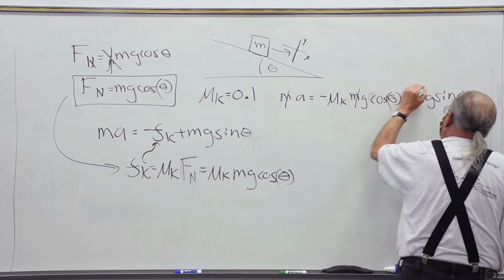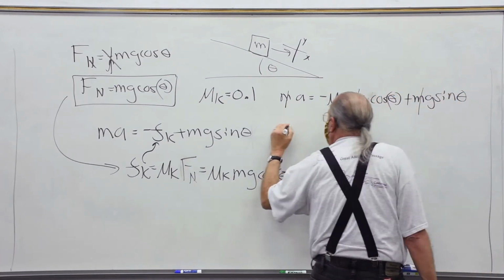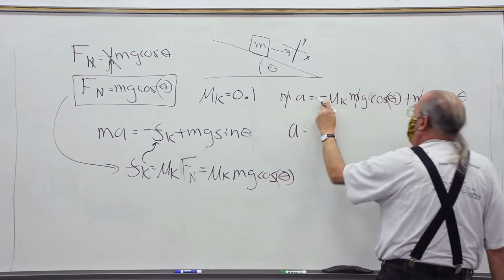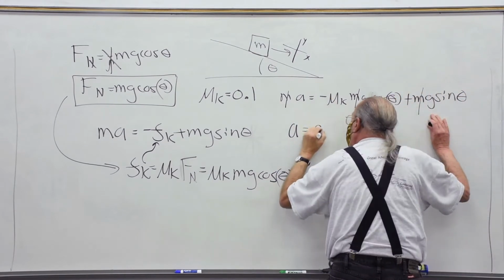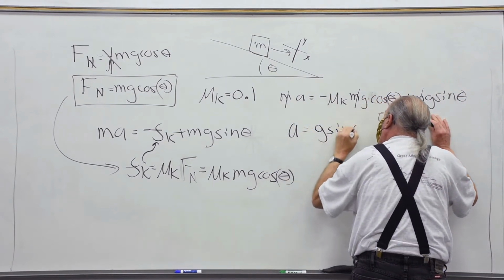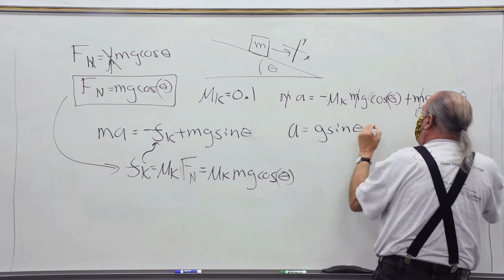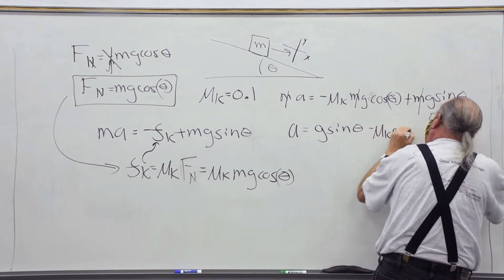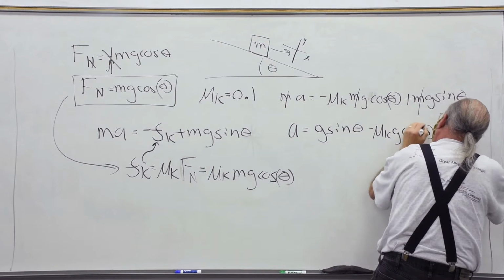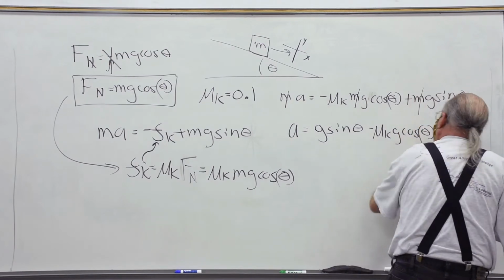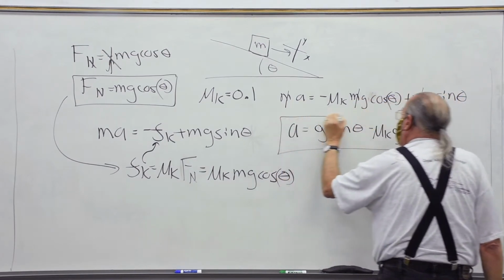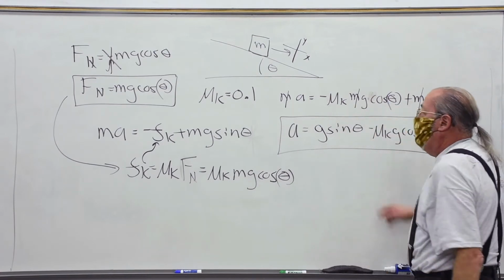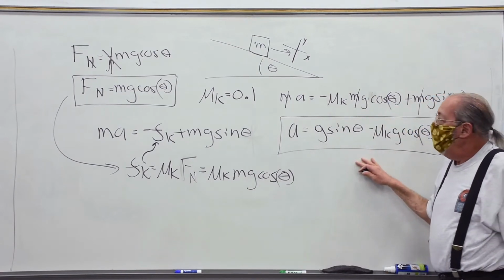They have to all be the same m. And we get that the acceleration, and I don't like to have leading negative signs, is g sine theta minus mu sub k g cosine theta.